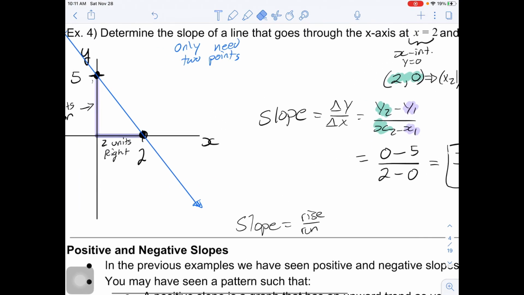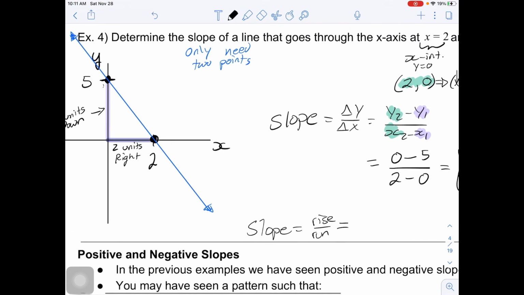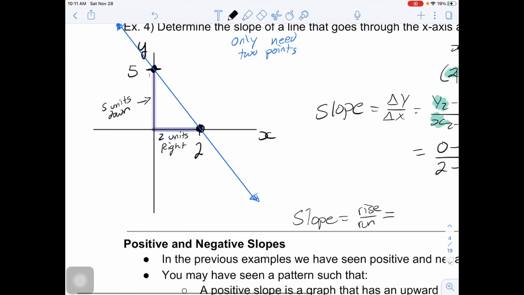You could do this one visually as well. So we could ask ourselves, okay, how the heck am I going to get from this point to this point? Well, if I start at this point, I have to go 5 units up, and this is our rise. So this is the rise of positive 5.